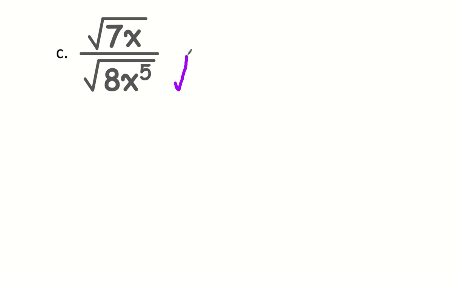Now, we could totally multiply top and bottom by the square root of 8x to the fifth. We could totally do that. All right? But do I need to make this into a 64 for it to be like a perfect square? All you need to do is get an answer that you can actually take the square root of.